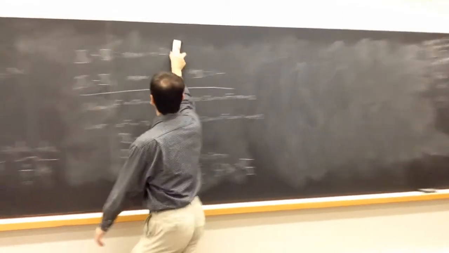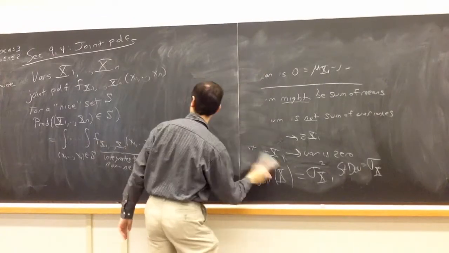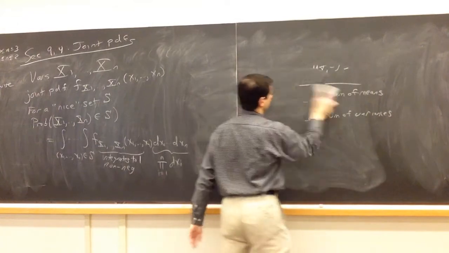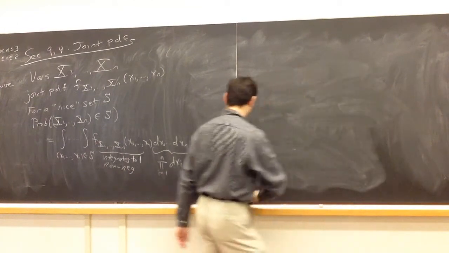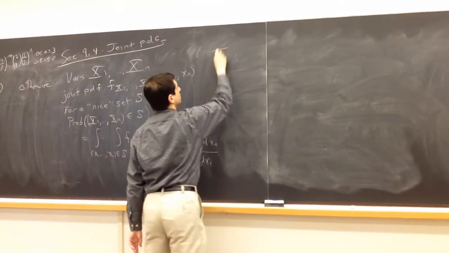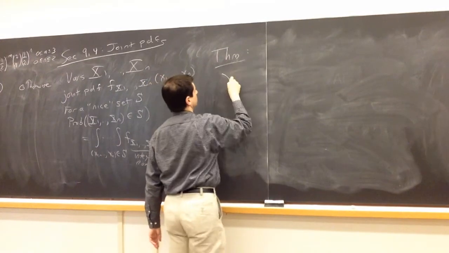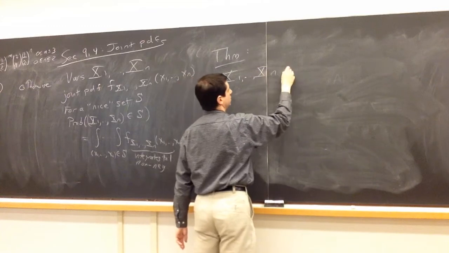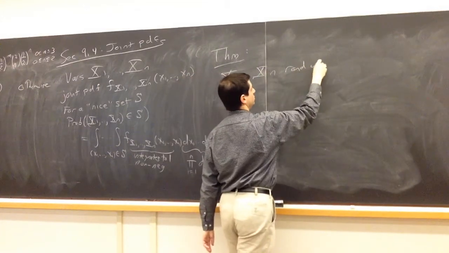All right, so what I want to do now is I will keep the formula for the joint PDF on the board. And here is the big theorem. Let X1, ..., Xn be random variables.